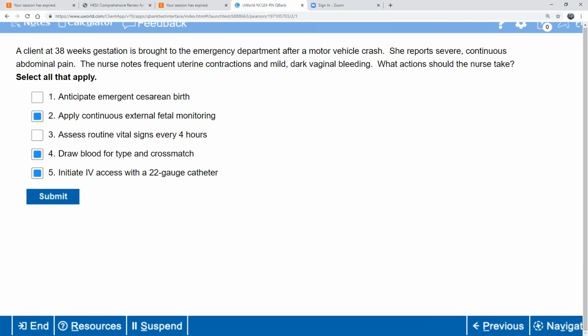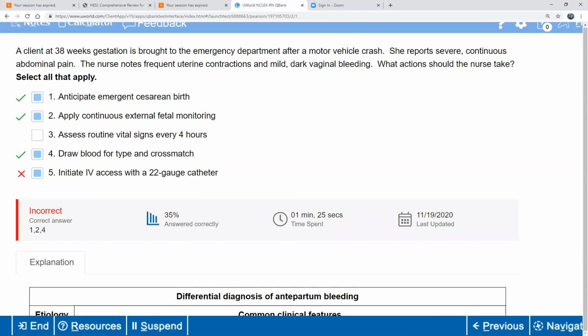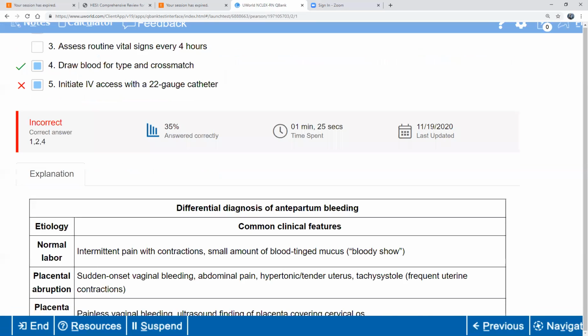Report severe continuous abdominal pain, so I think you should prepare her for emergent cesarean. I don't know about number 3. No, 5 is wrong. So we'll do emergency cesarean.